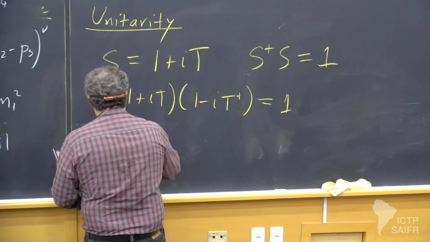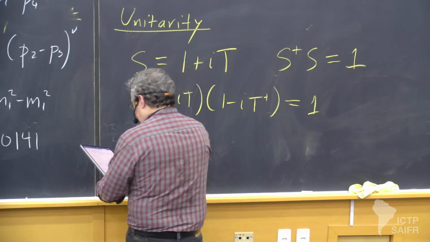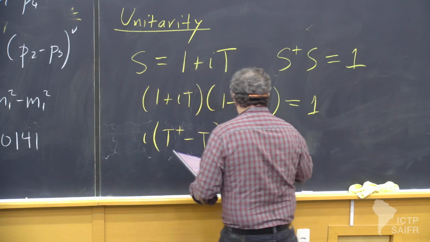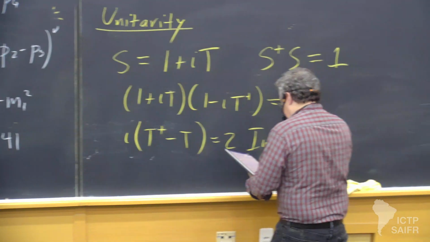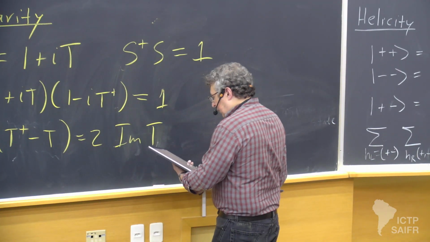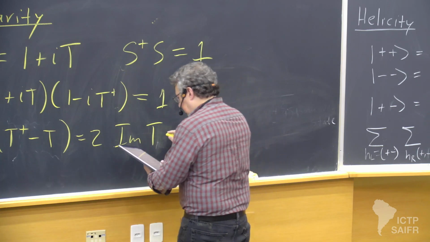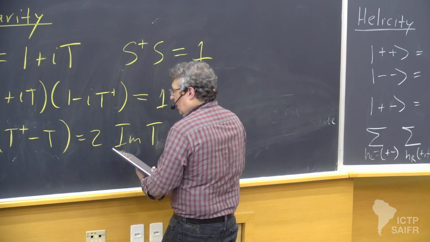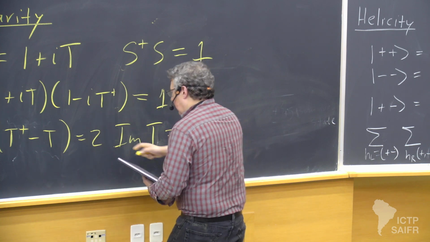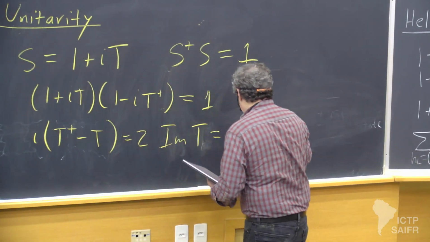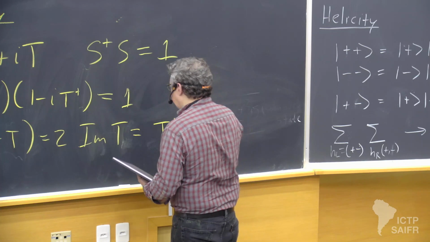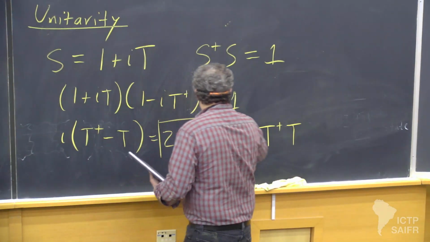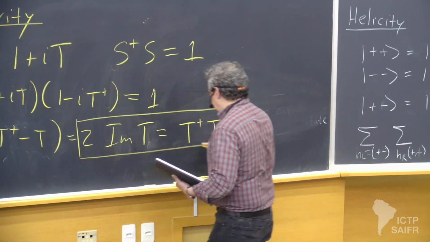And from there, you can deduce that i(T dagger minus T) is equal to twice the imaginary part of T, which is then equal to T dagger T. So this is the normal statement of unitarity.